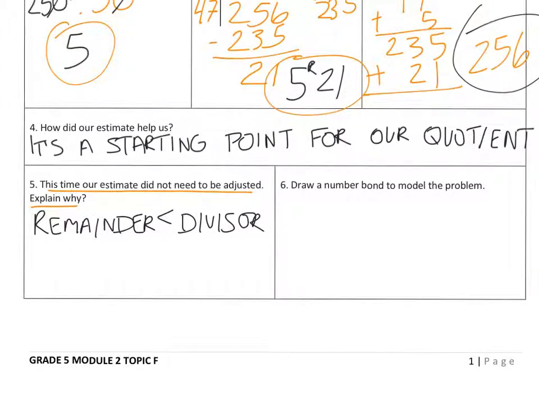We'll put it in math speak using our less than symbol. And then to draw a number bond to help us with this problem, we're going to do it like this. 256 and 21, 235, boom.